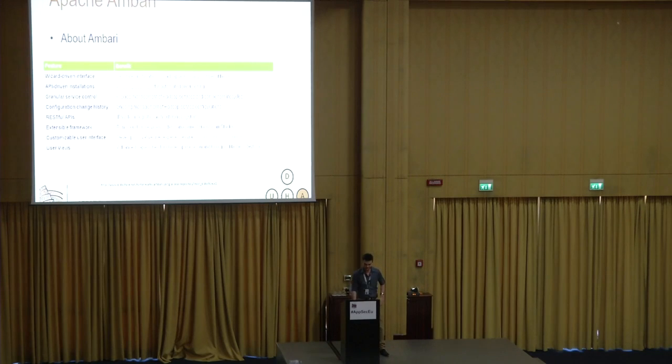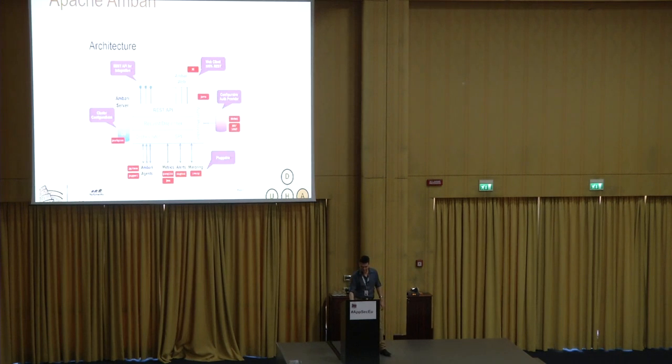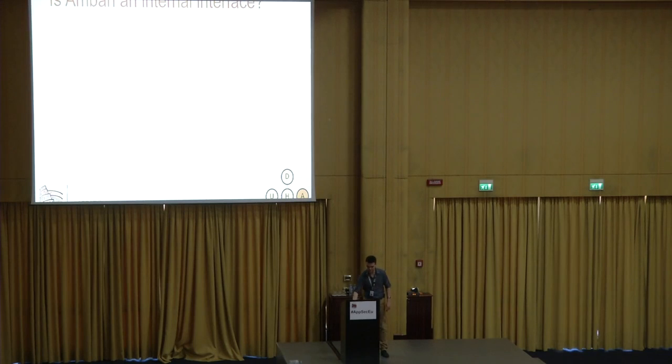Okay, Ambari. That's the functionality of Ambari. So basically, it is a web interface with some RESTful APIs. This is the architecture. Maybe I'll just stick with vulnerabilities. Okay, the next question, similar to Hue: is Ambari an external interface?